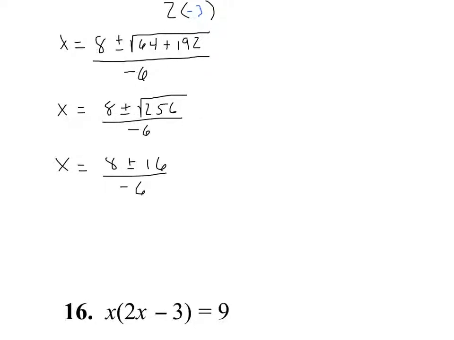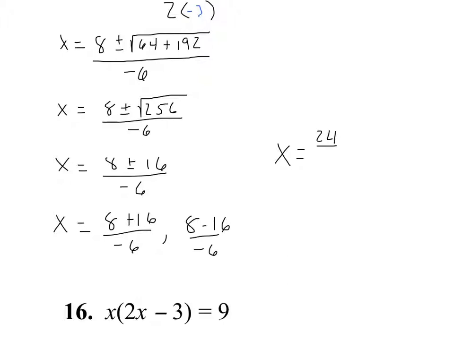Okay? So going back to what I was saying before, this actually is a bad example because this comes out real nice. Okay? And I apologize for that. I will come up with better examples. But we have what now? We have 8 plus and minus 16, so that is 8 plus 16 over -6, 8 minus 16 over -6. What's 8 plus 16?